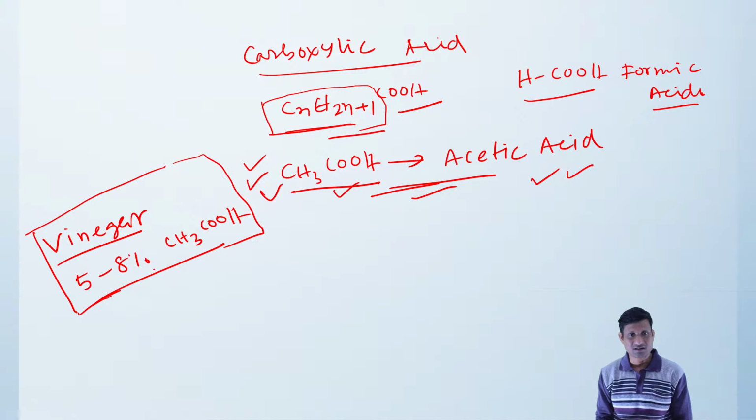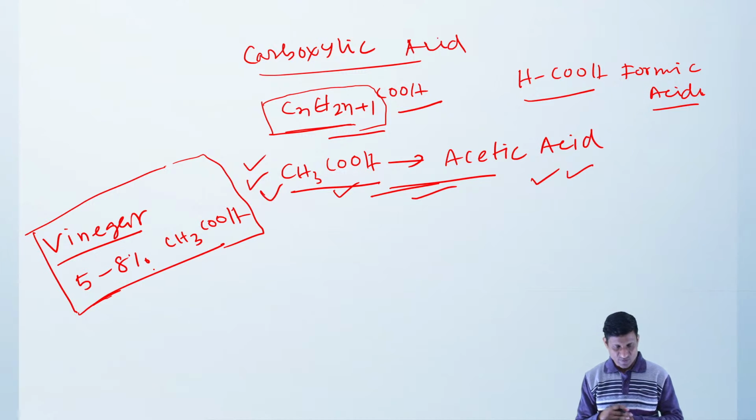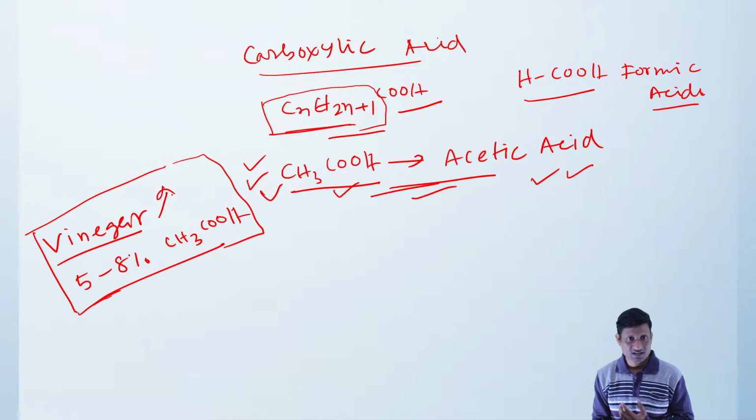What is vinegar, or what is the smell of acetic acid? It is a pungent vinegar smell. Whatever smell you get from vinegar is the smell of acetic acid, because vinegar is a dilute solution of acetic acid. I hope you understand, this is very important for the competitive exam.